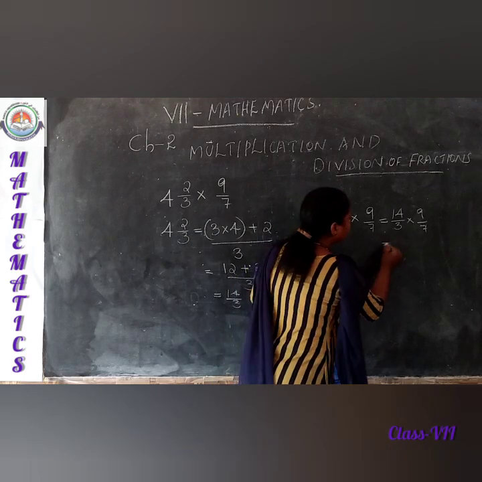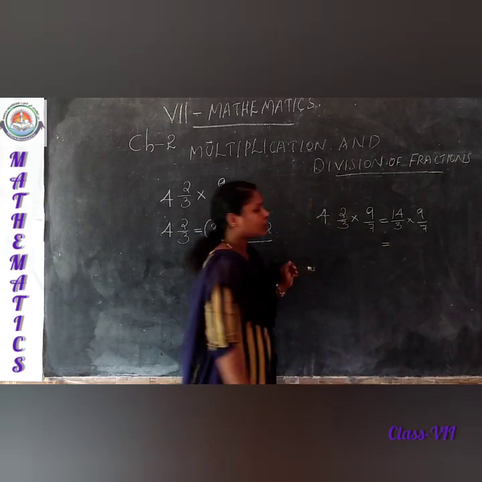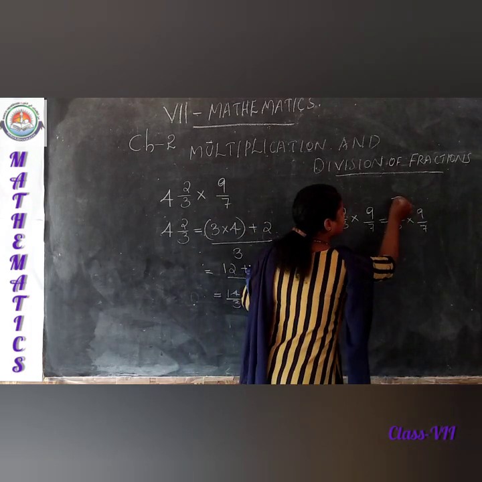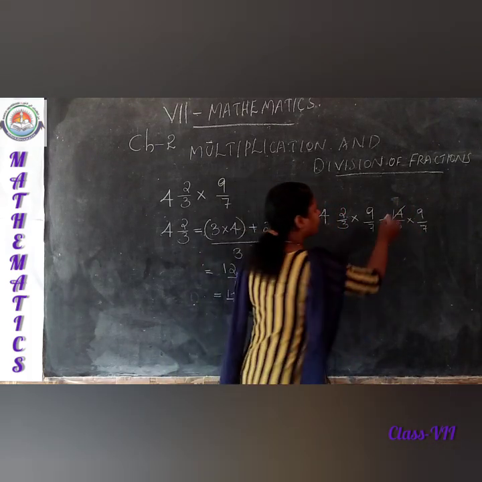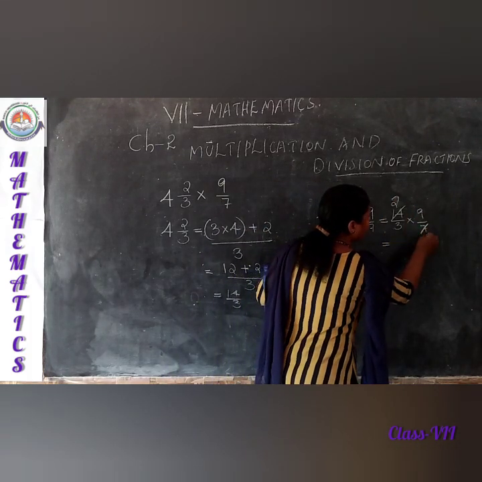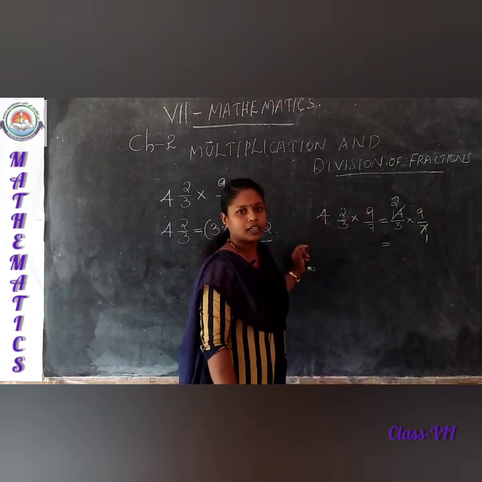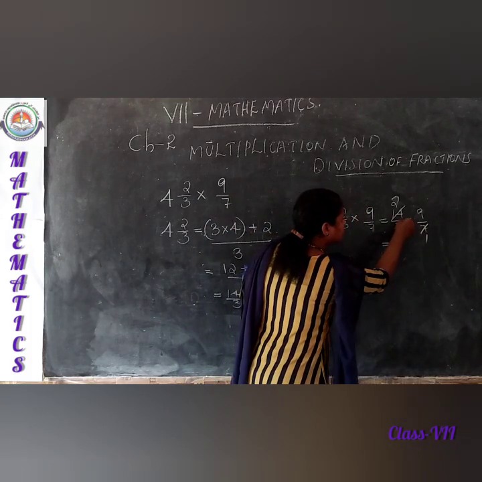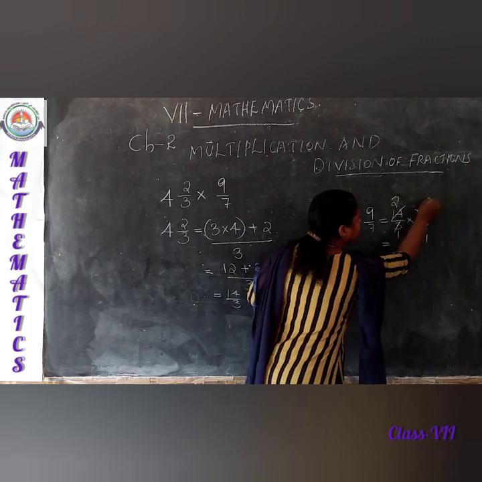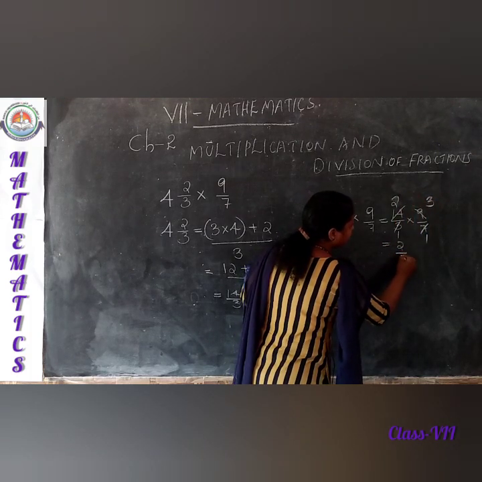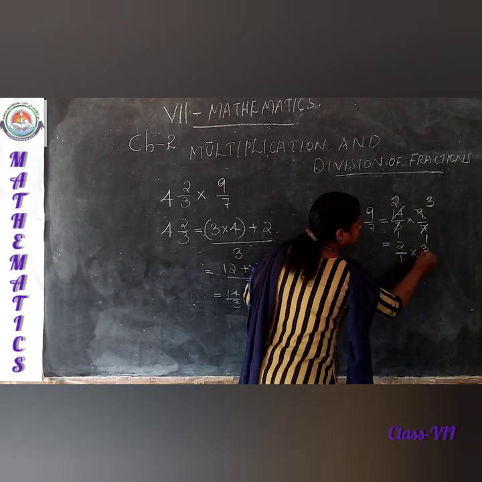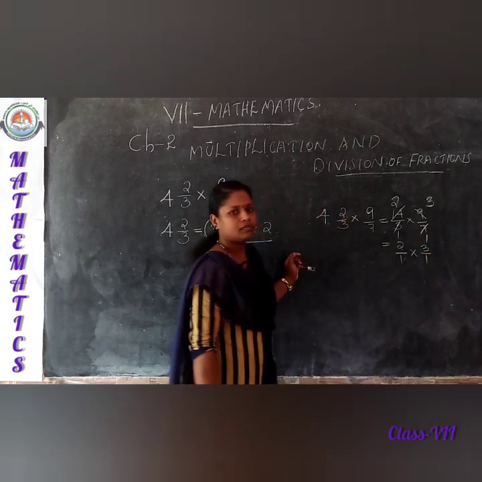Then we can remove that common factor. How many 7s are there in 14? 2. And here we have 1. And 3 ones are 3, and 9 by 3 is 3. So it is equal to 2/1 into 3/1.